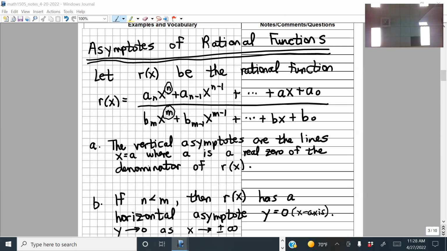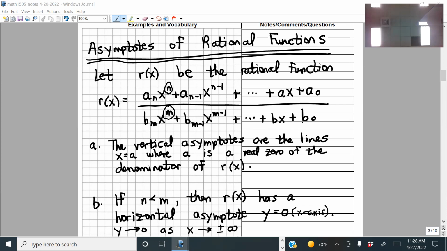That means you're finding the zeros of the polynomial in the denominator. So your vertical asymptotes are just the zeros of the denominator polynomial, because those are the numbers that cannot be in the domain of the function. That's why you have breaks in the graph at those values. Those breaks are what give you the vertical asymptotes.